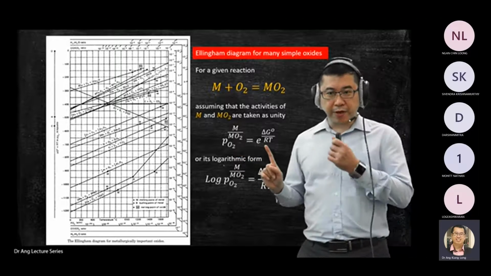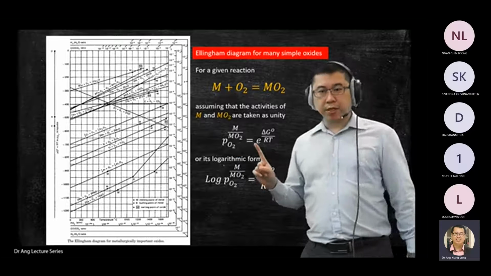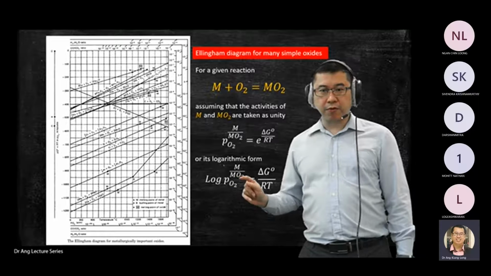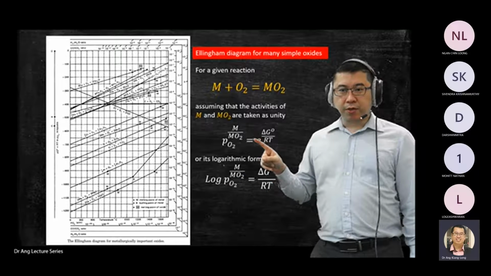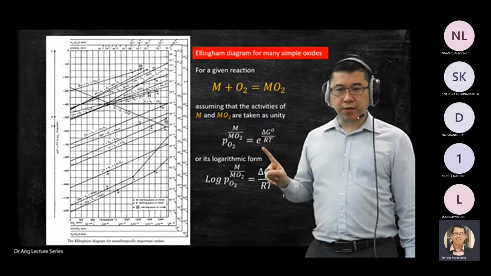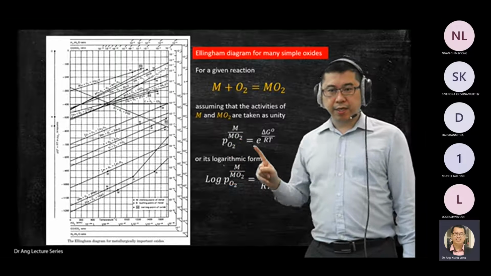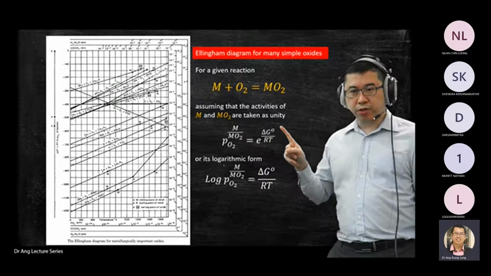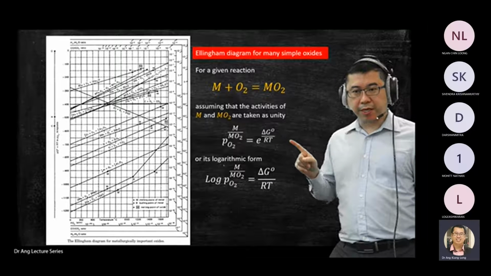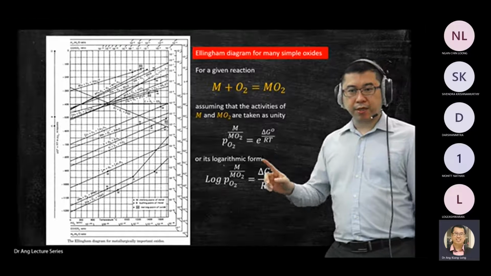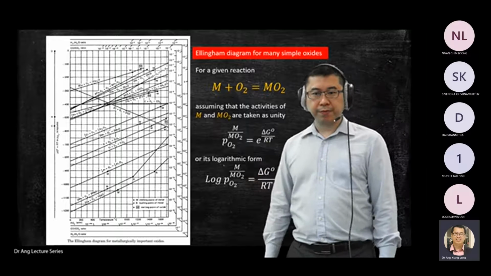You know that when you have an e in your equation, you can flip the equation to be written in log format. You can remove the e by writing this equation in log format. So you can write log something equal to exponential something, right? So this is your mathematics log chapter. You remove the e with the log.